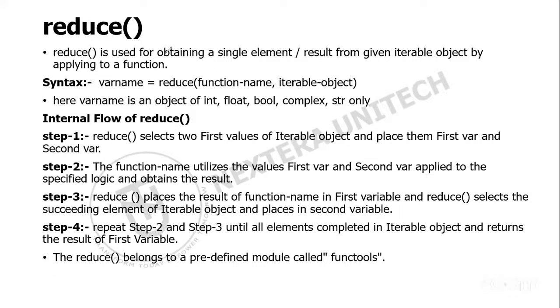A reduce function helps us to obtain only a single element or a single result from a given iterable object. When you pass an iterable object to a function, this iterable object will be converted to just a single element or a single value.